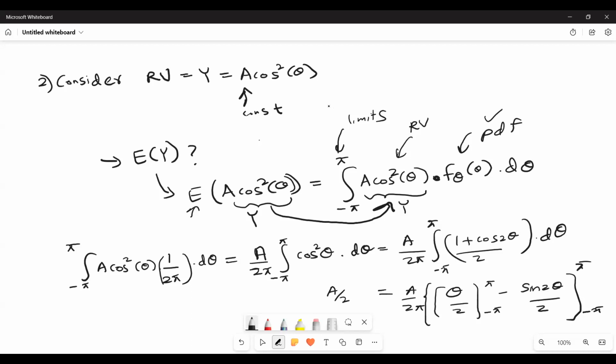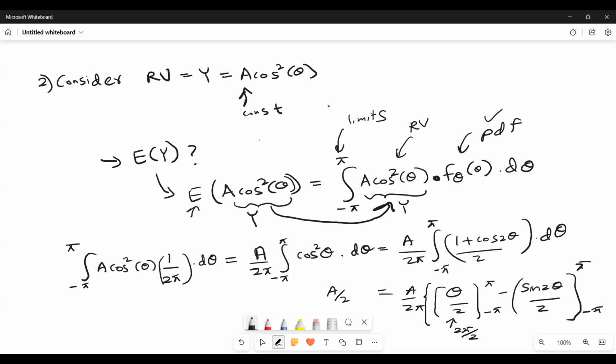The first part will basically give 2 pi, and 2 pi divided by 2, so a pi will be remaining, and then pi and pi will cancel out, and only a over 2 will remain.